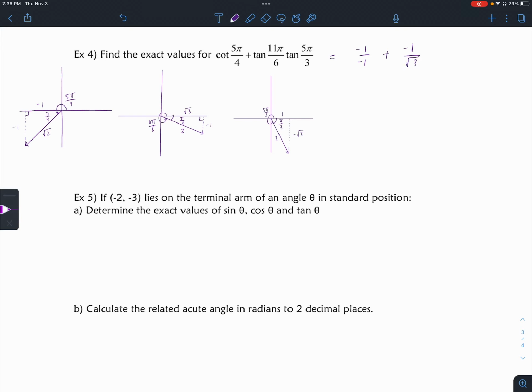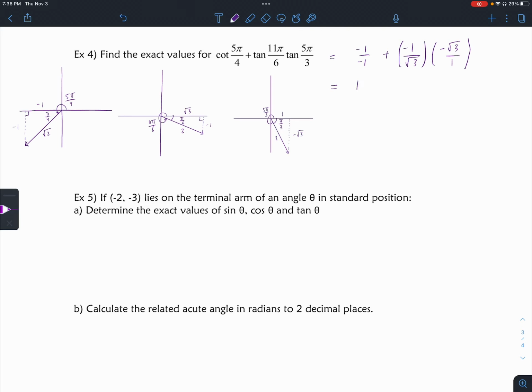Okay, and then this is being multiplied by tangent of 5 pi over 3. Tangent of 5 pi over 3, opposite over adjacent again, so that's going to be negative root 3 over 1. Okay, so this is going to simplify fairly easily.